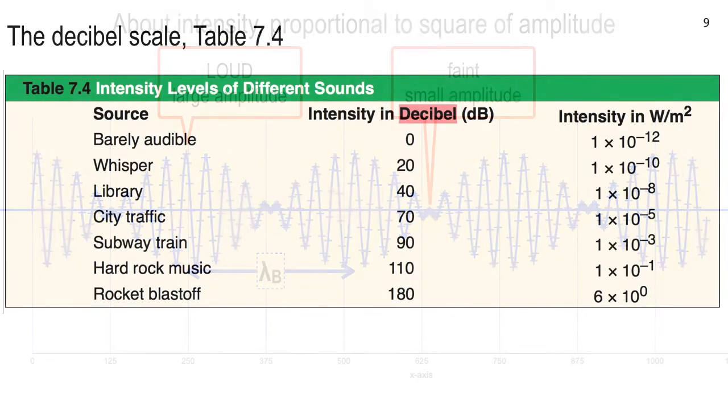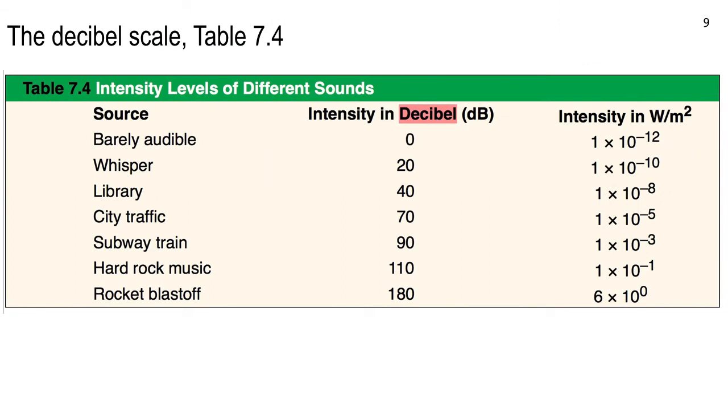Now, the decibel scale is basically about the exponents in scientific notation. The intensity is the actual physical measurement, watts per square meter. How many watts of power, how many joules per second hit the eardrum? If you have a lot of joules per second per square meter, then you have a lot of intensity.